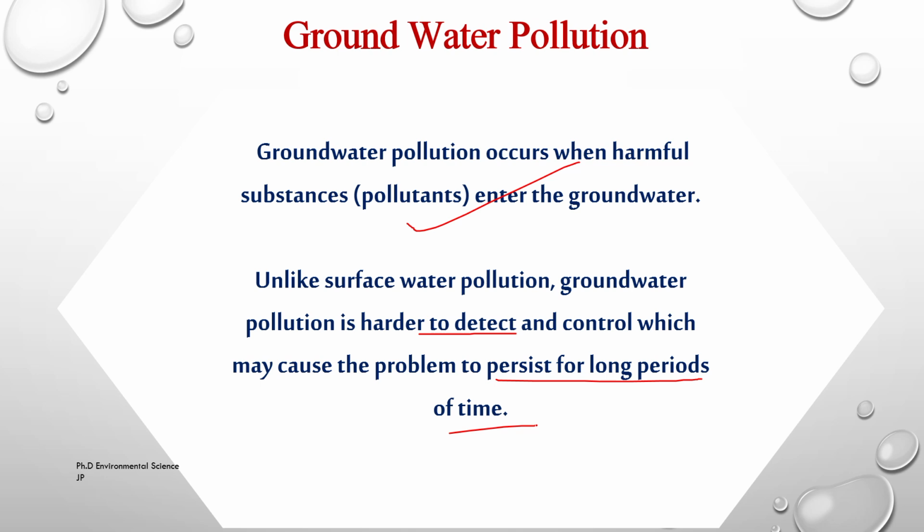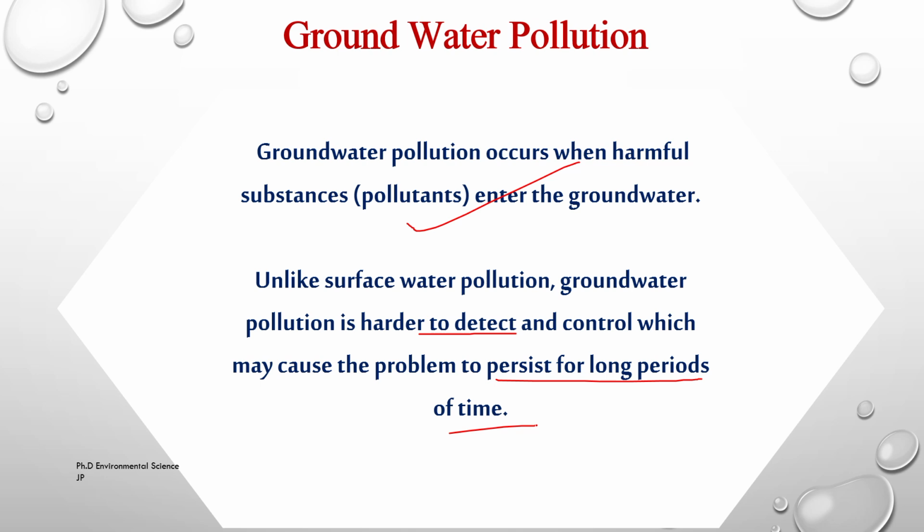Long-term exposure to these pollutants can lead to health problems such as cancer, organ damage, and many more, depending on the type and concentration of the contaminants. Detecting groundwater pollution often requires specialized monitoring wells and testing equipment due to its underground nature.